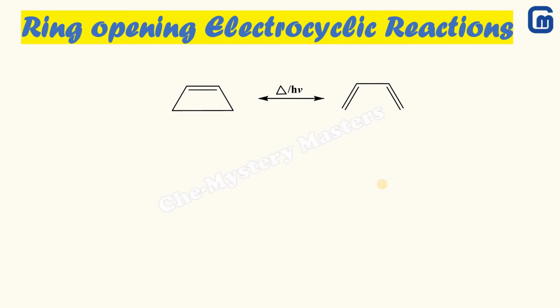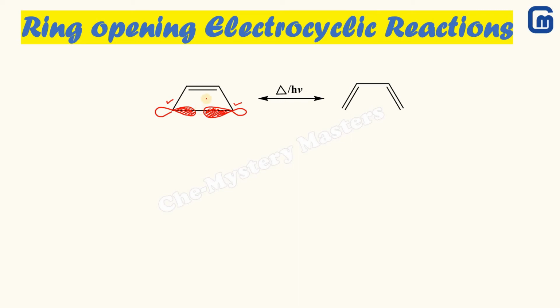We will see how the ring opening takes place, or how the orbitals which made the ring closed will again open. The sigma bond which has been created, which is responsible for the ring closing, is formed due to the interaction between the two terminal orbitals. These two terminal orbitals overlap each other and form this sigma bond out here.